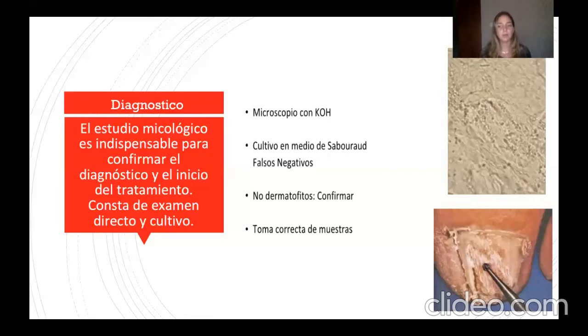Also, periodic acid-Schiff staining, called PAS, and methenamine silver stains are used. And also the polymerase chain reaction testing, known as PCR, has been shown to be more accurate than cultures, and results can be available in 3 days. However, it is not yet widely available.